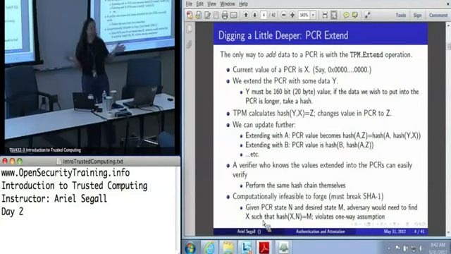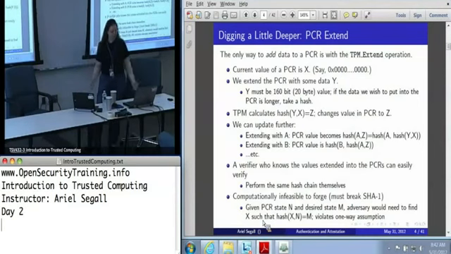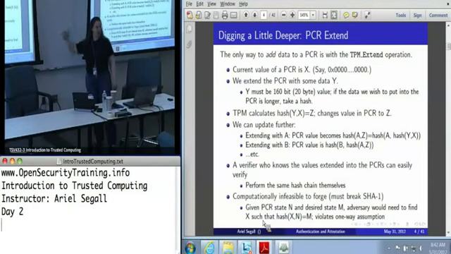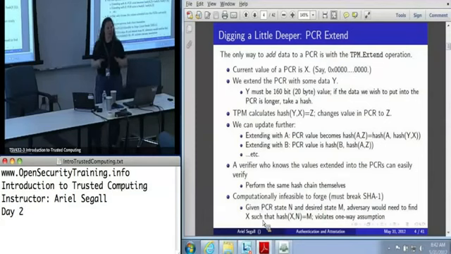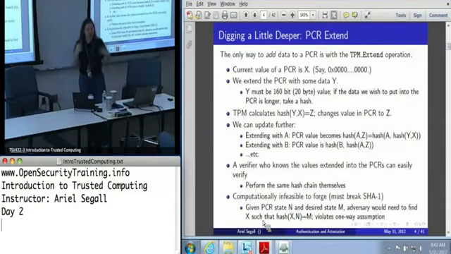That's not an operation that malware can perform, which means that as long as the PCR has been extended at least once, getting to a different destination is extremely difficult. Now, I will note here that if a PCR is 0 and you expect it to be extended with some value y, and for some reason things have gone bad, but that PCR has not been extended yet, you can still extend it with y.